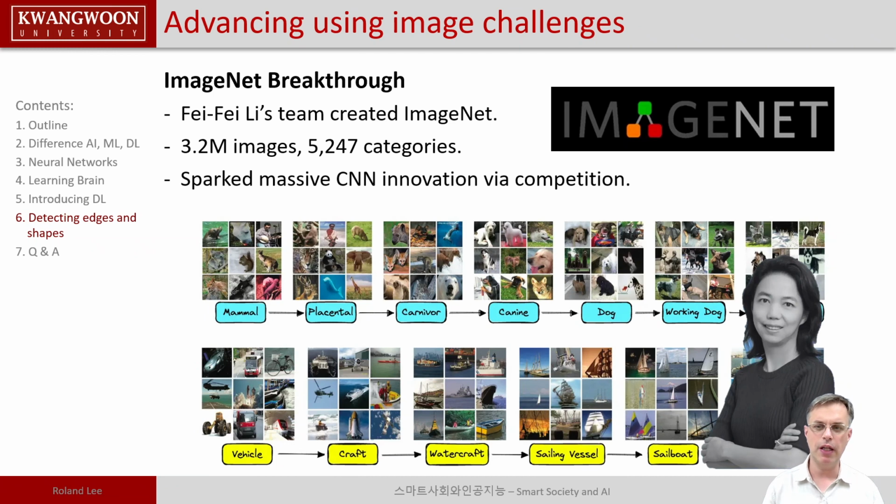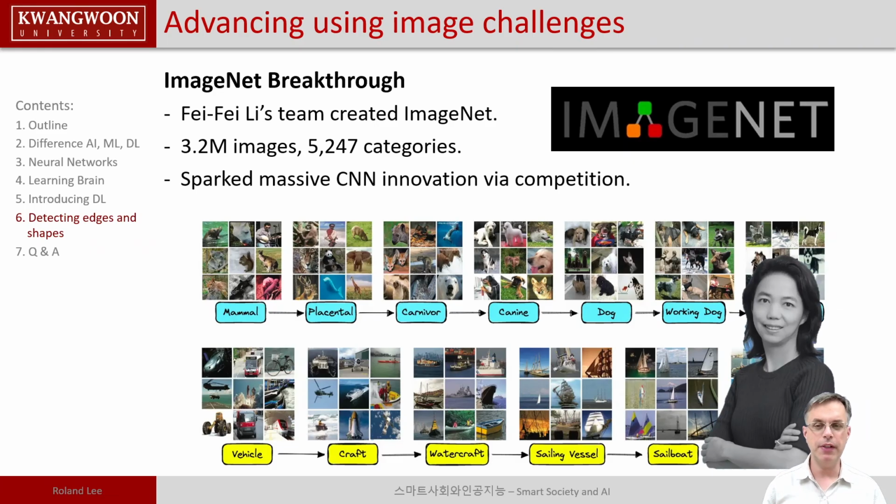She started amassing an incredible number of images representing a large number of object classes. She and her team achieved this monumental task by asking people on the internet to complete microtasks like classifying an image for a small fee.